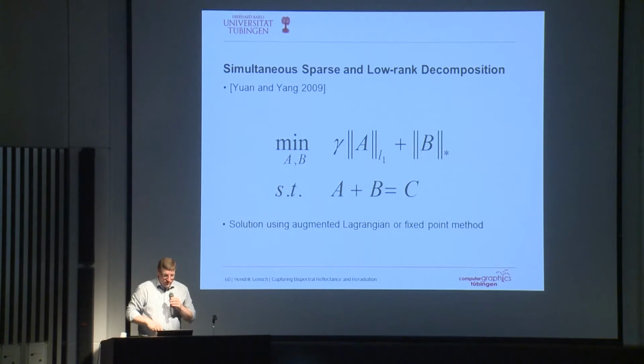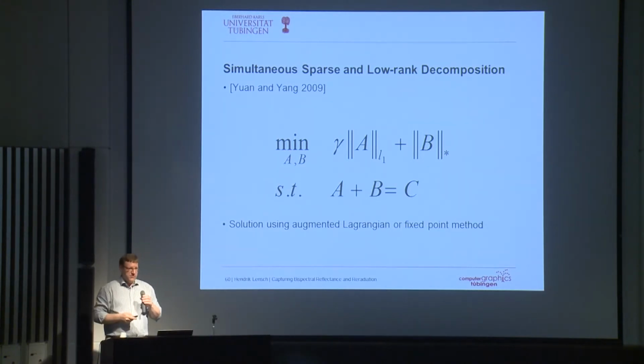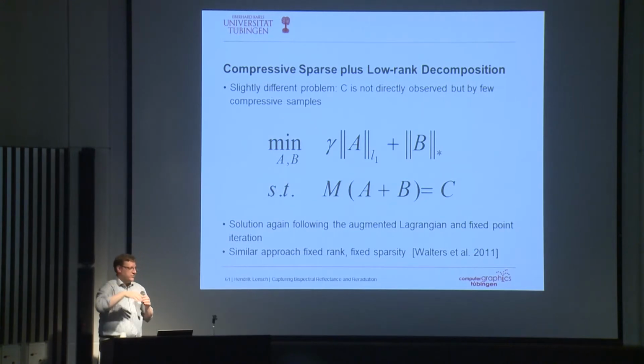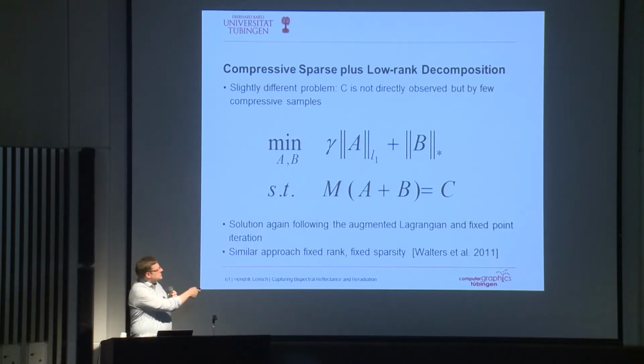Our problem is slightly different. We actually have a compressive sensing problem here. We do not directly know the reflectance matrix yet, but we can do measurements, probing of this kind of matrix. That is, we are observing in our camera projections of this reflectance matrix, which we again decompose into sparse plus low rank components, and we have a random matrix which gives us sufficiently many projections.